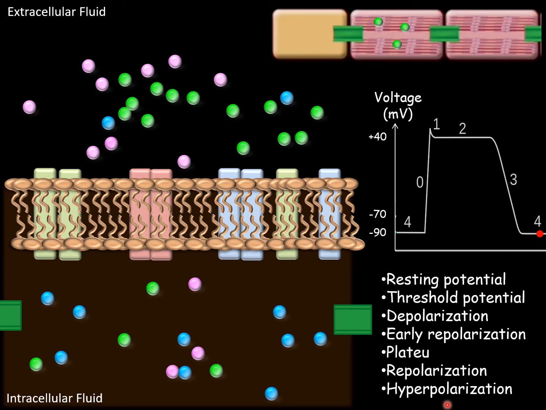If the cell is in a hyperpolarized state, the next action potential cannot be generated. This mechanism is used by many drugs to stop the impulse conduction. And in those conditions, to start the next action potential, the potential has to come back to resting potential, that is minus 90 millivolts.